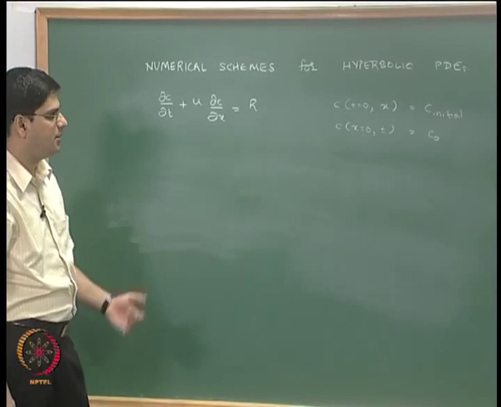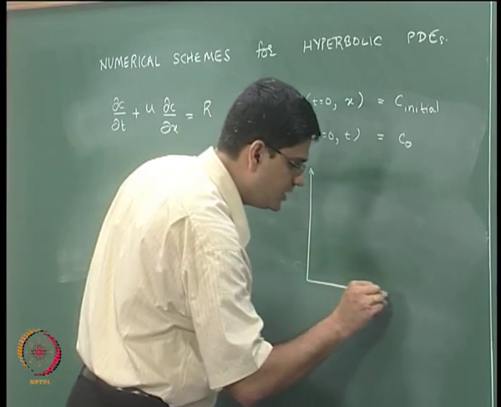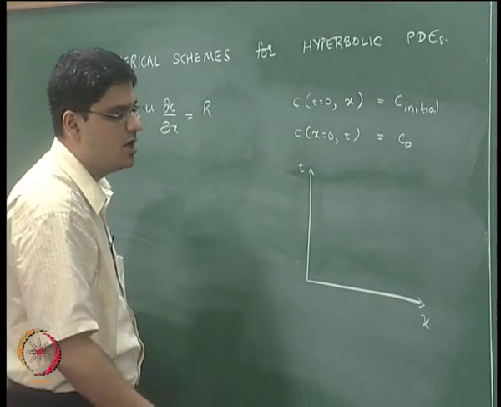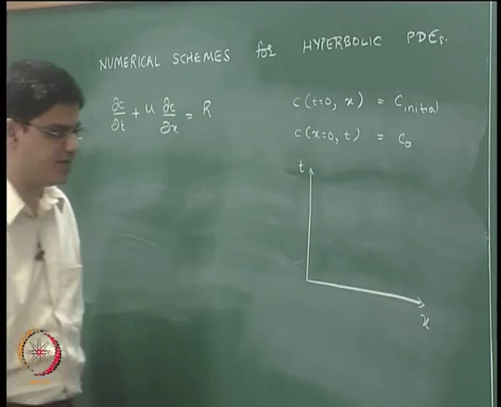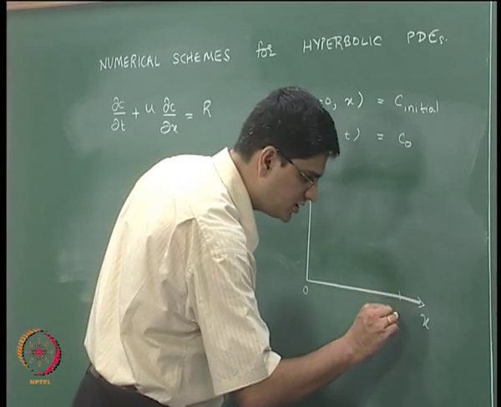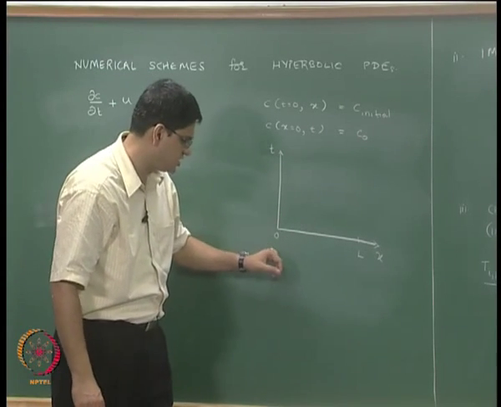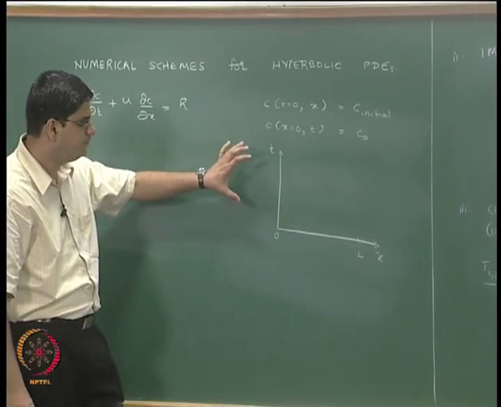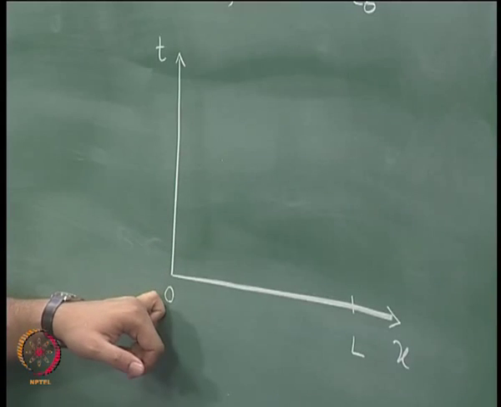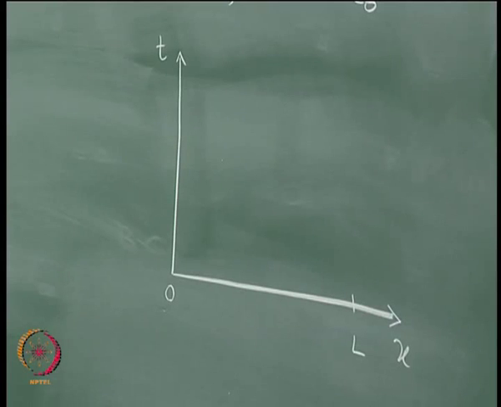Now the difference between parabolic and hyperbolic PDEs is that now we have this in space and this in time. In case of parabolic PDEs, the solution in the spatial direction was fixed at location 0 as well as at location L, whereas in case of hyperbolic PDEs it is fixed only at location 0 along all times, and it is fixed at time 0 along all locations.